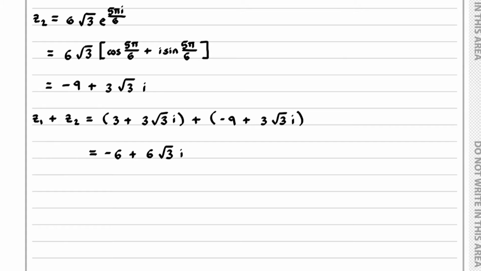So, if we find the modulus of z1 plus z2, that's equal to, well, we have minus 6 squared plus 6 times the square root of 3 squared, then square rooted.